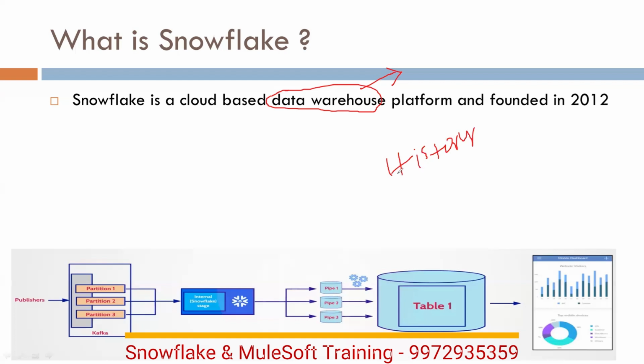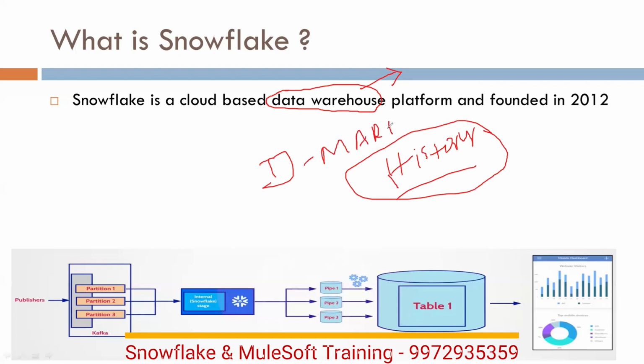Historical data. So history we are going to store. Why do we need to store this kind of history? If you observe DMart, I want to see the sales for 2022, 2023 and 2024.